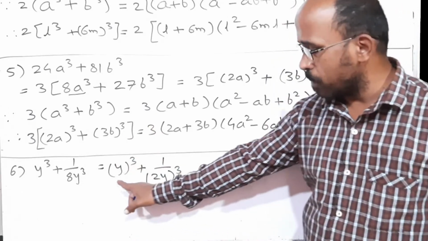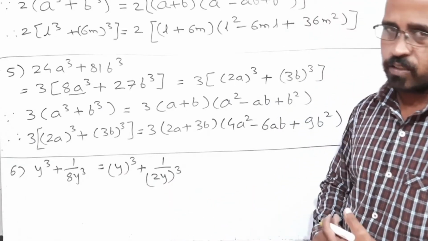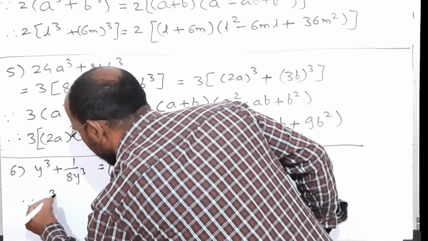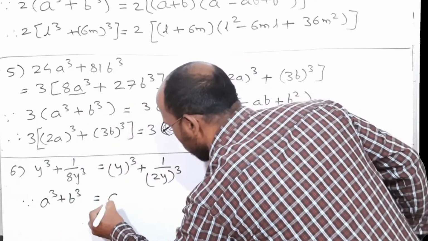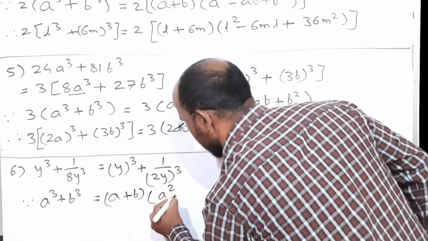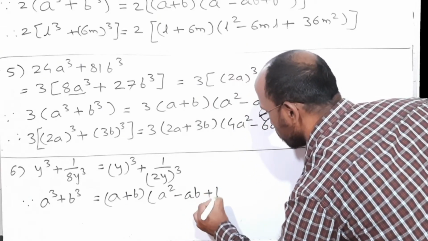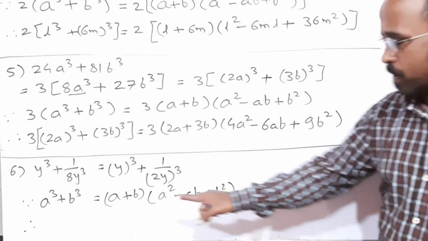Now we just have to replace in the formula of a cube plus b cube. So let's write the formula first. If a cube plus b cube is equal to a plus b multiplied by, in the second bracket, a square minus a multiplied by b plus b square, then scan the example.